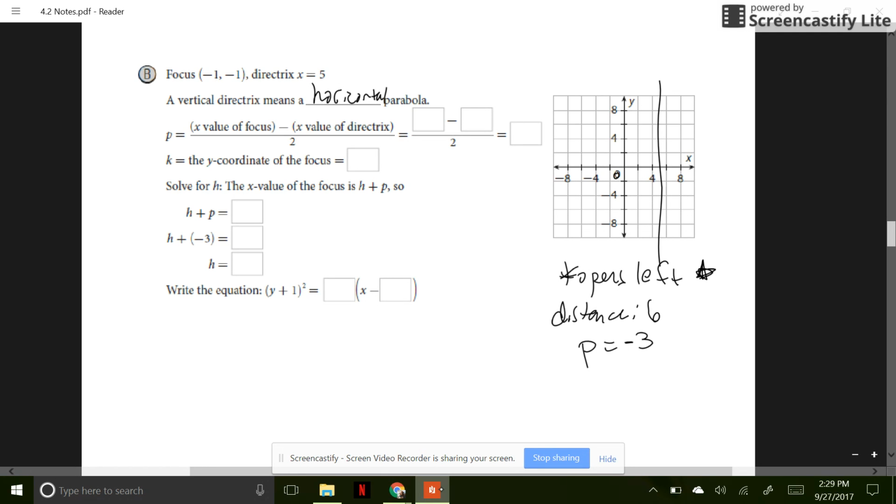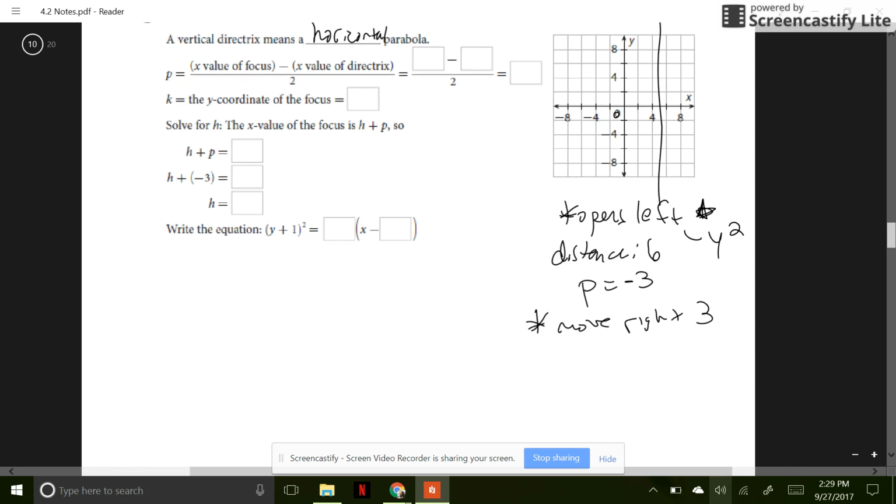And because it's opening left, that's telling me that the y value is going to be the one that is squared. So this means I need to move right 3 from the focus to get the vertex. Move right 3, so my vertex is going to be at (2, -1).